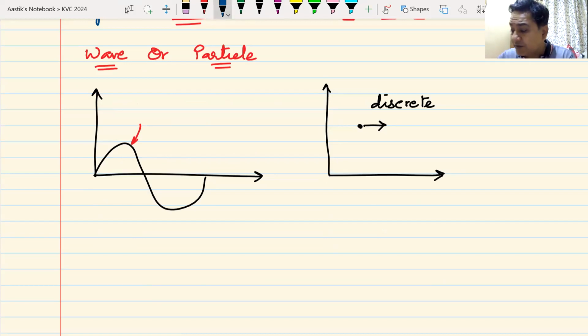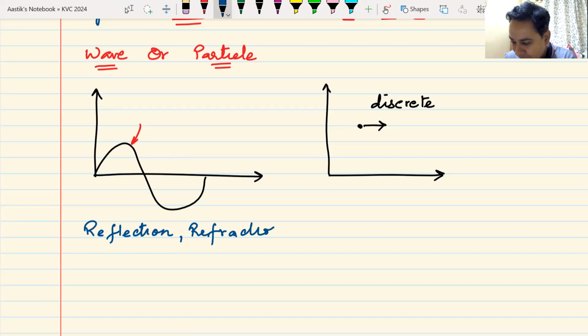We are going to study phenomena like reflection. Have you heard about the term reflection? Reflection, refraction, anything else? Prism. Okay. We are going to study polarization. Have you heard about this term, polarization?